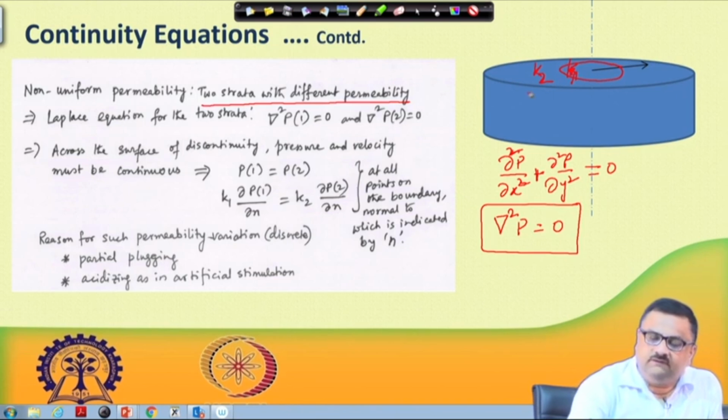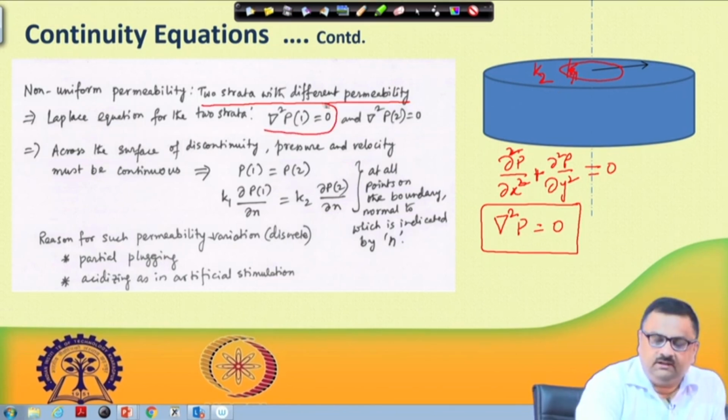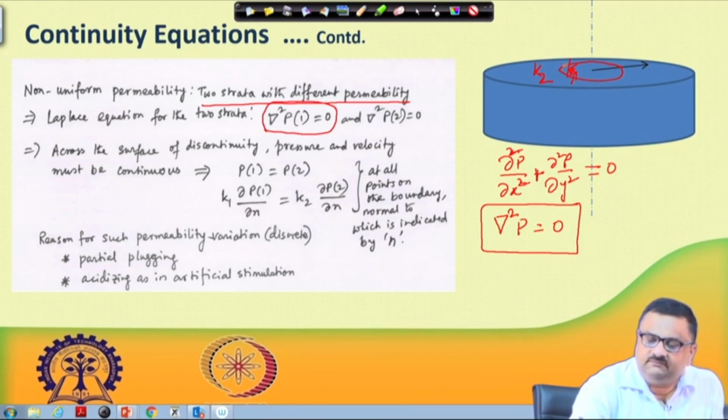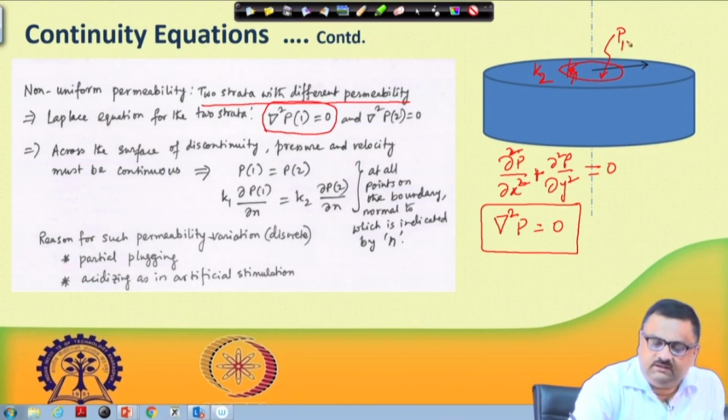Now, since you have two different strata, you have to satisfy two different equations. So, we will call the pressure inside this cylinder, where the permeability is K1, P1.